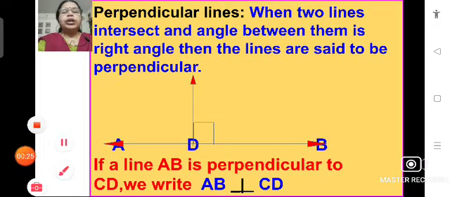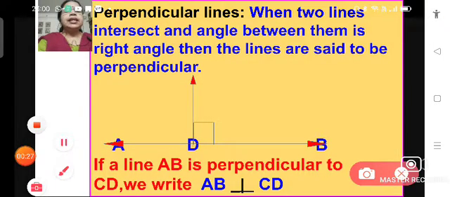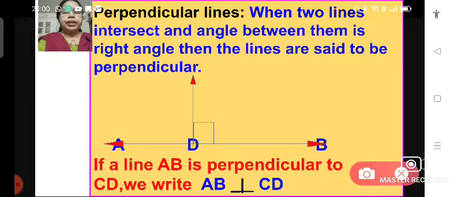Children, when two lines or line segments intersect each other and an angle of 90 degrees, that means a right angle, is formed between them, then the lines are said to be perpendicular. For example, here we have two lines AB and CD which are intersecting each other at D in such a way that a 90 degree angle is formed between them.